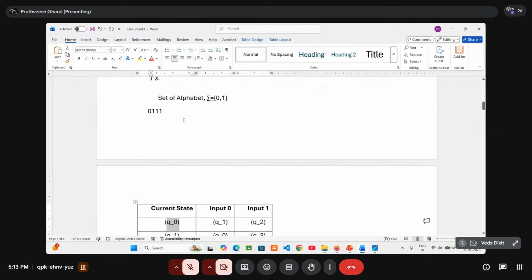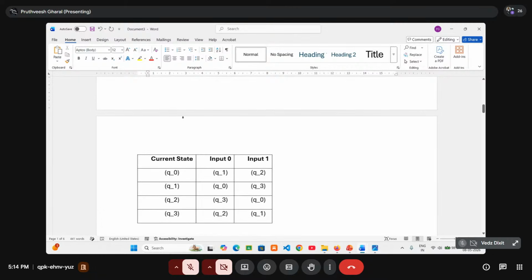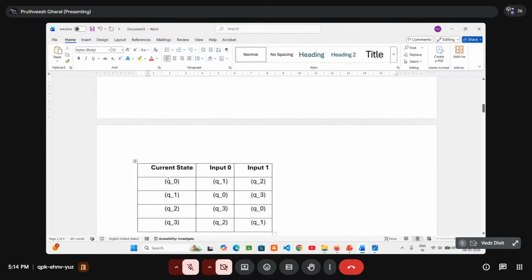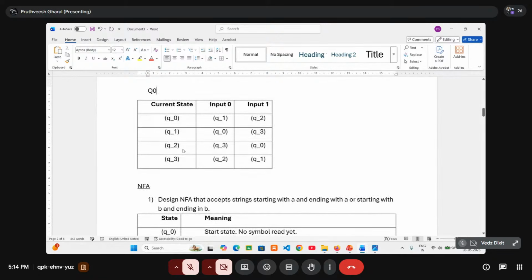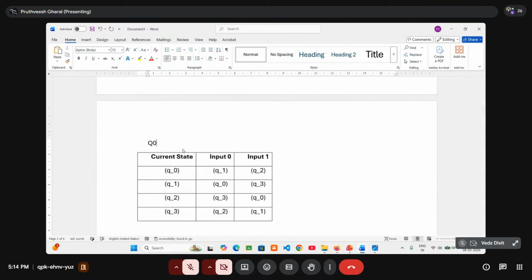Here Q0 is a state, the start state. It tells us that the DFA has not yet read any input, but it is in this state: it has an even number of zeros and an even number of ones.